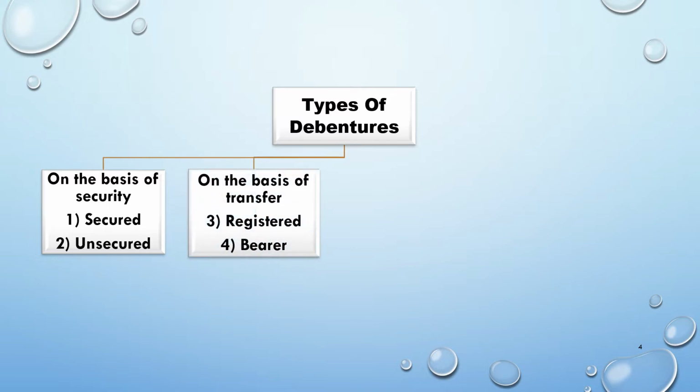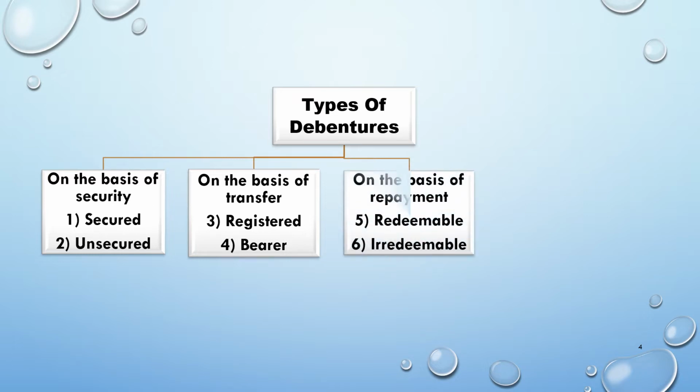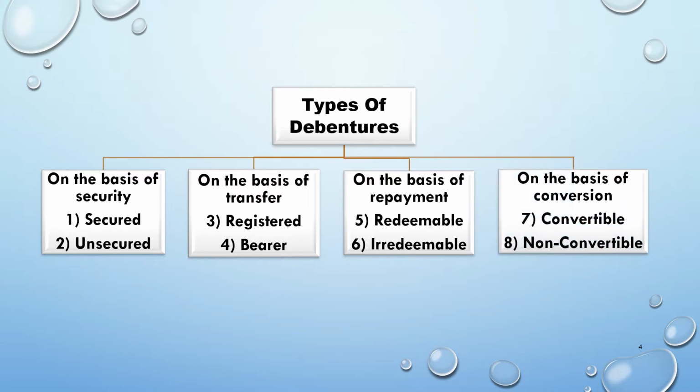The second category is on the basis of transfer, where we are going to understand about registered debentures and bearer debentures. The third category is on the basis of repayment. We are going to learn about redeemable debentures and irredeemable debentures. And the fourth and the last category is on the basis of conversion. We are going to understand about convertible debentures and non-convertible debentures.